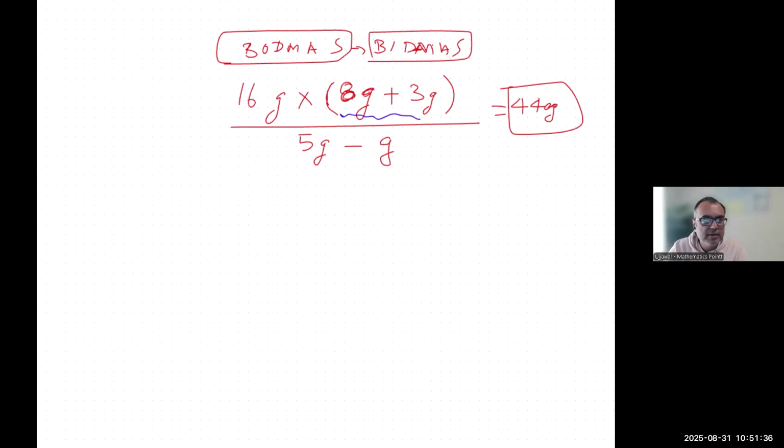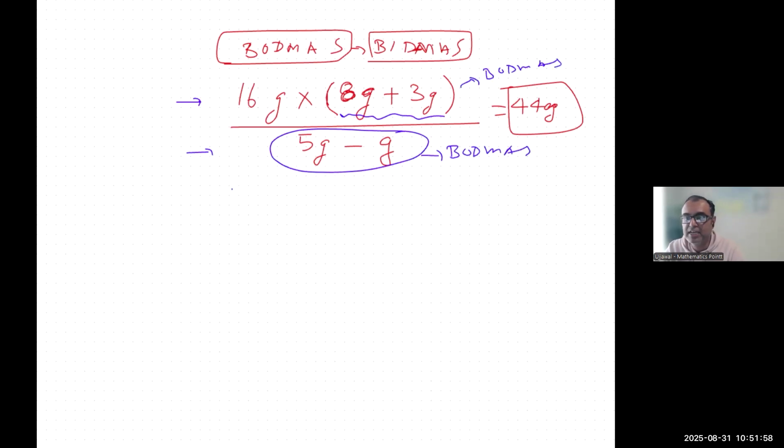Solve this. And the numerator and denominator can be dealt with separately. So you can apply BODMAS here independently of the BODMAS here, because they are not connected to each other for now.